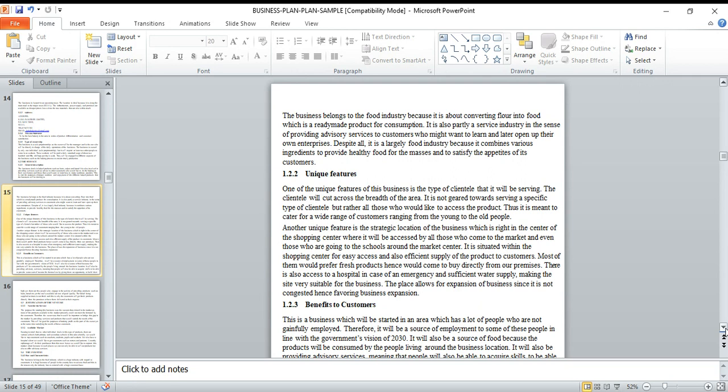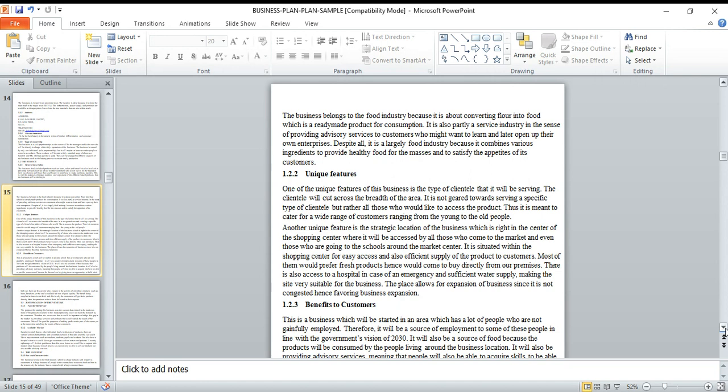Then we have what we call the unique features. When you're talking about the major activity, you must talk of the activity involved, the features that differentiate this, then the benefit to the customers, and that's why you can see all these listed there.